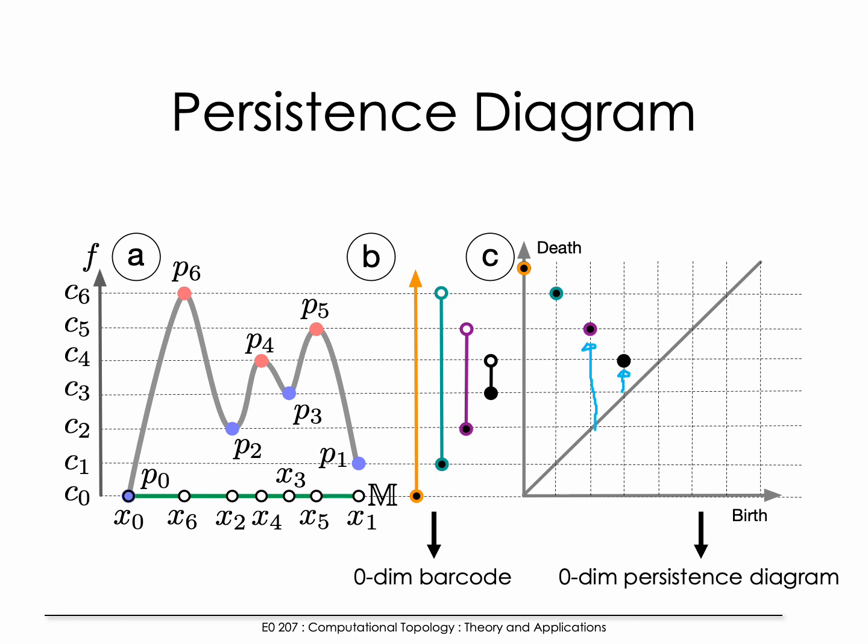So this representation, called the persistence diagram, focuses only on the zero-dimensional homology, or the number of components. So this is called the zero-dimensional persistence diagram. Subfigure B in the middle shows the same information as intervals, and this is called the zero-dimensional barcode, naturally, because it looks like a barcode.